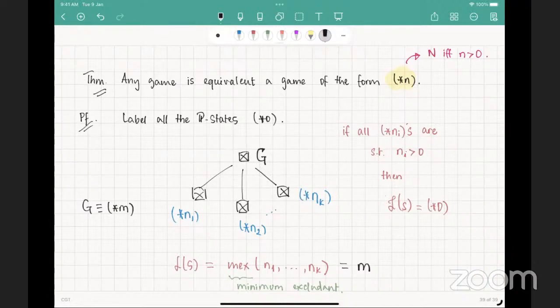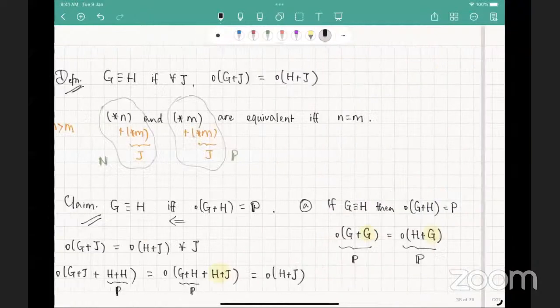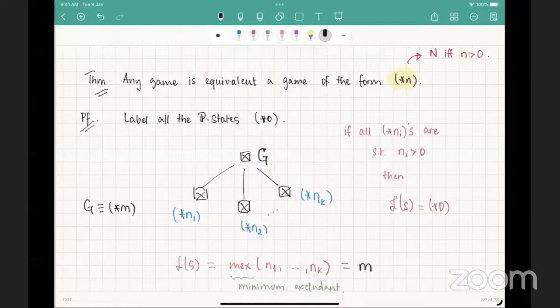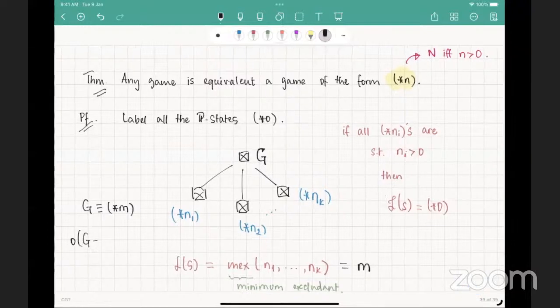And to show that G is equivalent to the single NIM heap of size M, it's enough to show that the sum of these two games is a P. This is all I need to show, right?